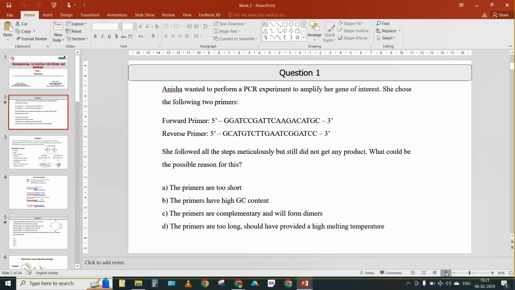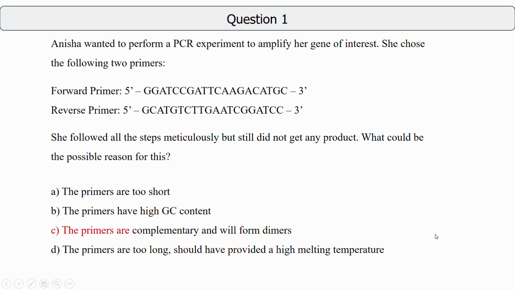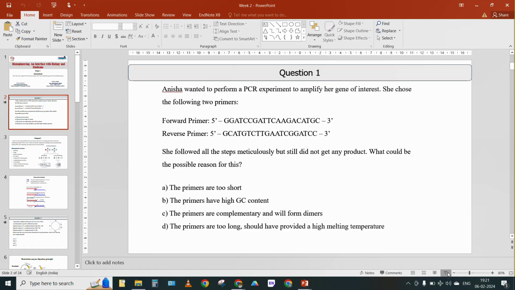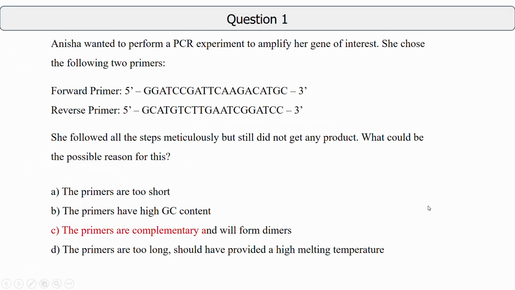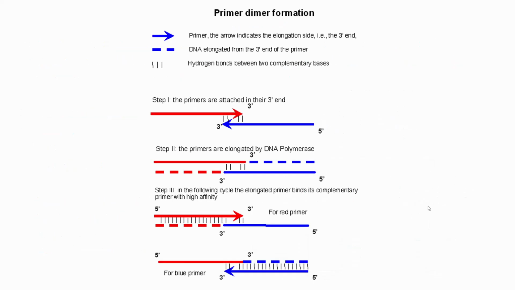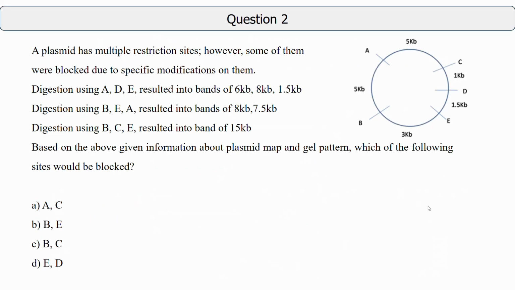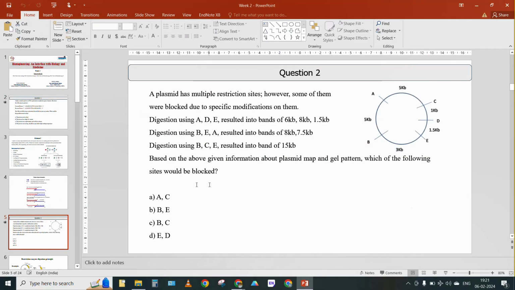Let me wait. Is my animation working? Just let me know. The screen is not changing, right? Slides are not changing. Yes, sir. Now is it changing?